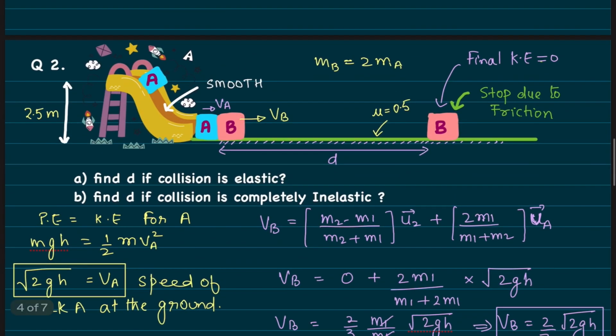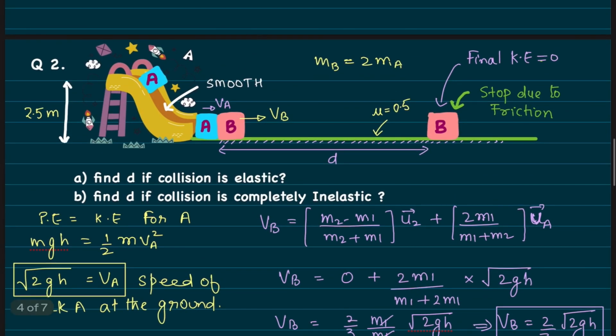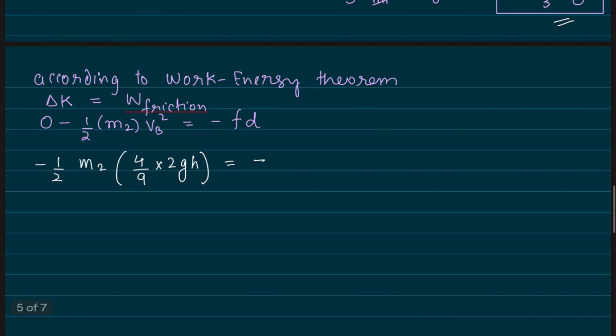So what is the value of friction? Friction is equal to mu N, and here N is equal to m2g. So you will put mu m2g and d.